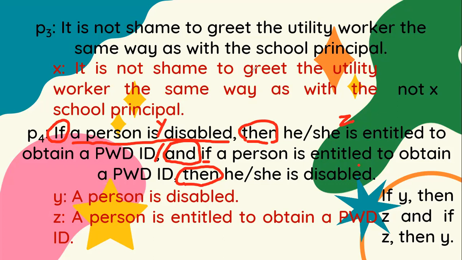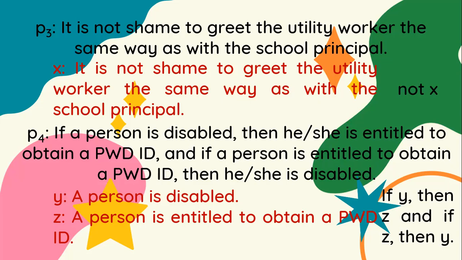Ma'am, for P3, isn't it not X? Then X should be it is a shame to greet the utility worker, blah blah blah. And the symbol is not X. Because if we say not X, and this is X, then it becomes it is a shame.